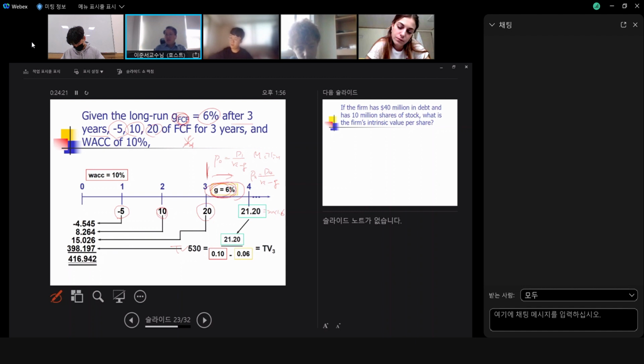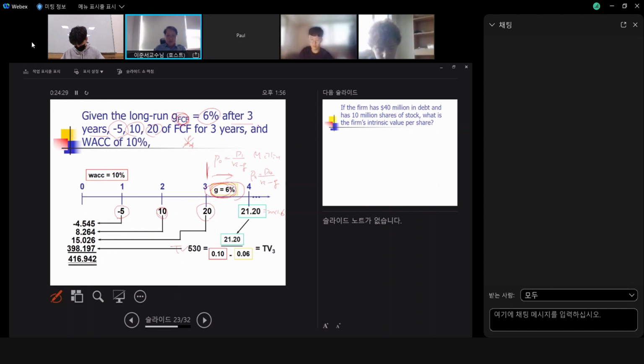But now we are calculating not the terminal value of dividend, but the terminal value of free cash flow, right? So P3 equals free cash flow at year 4 divided by something minus g. Something is not Rs, okay? Not Rs.